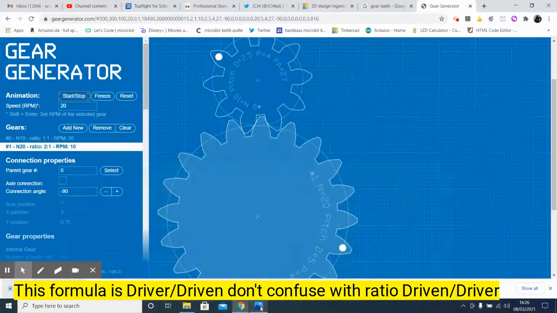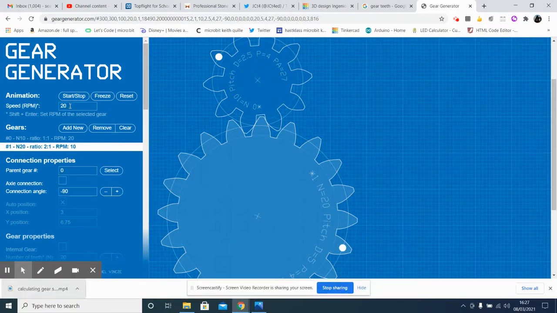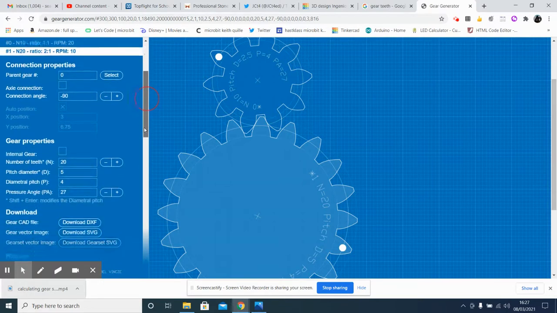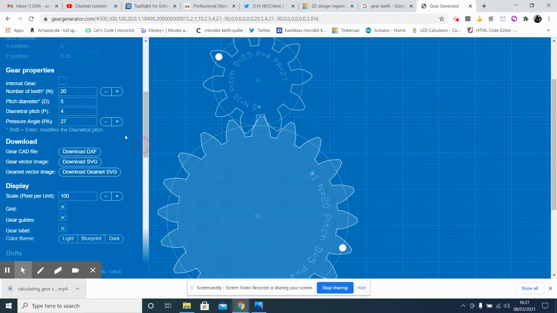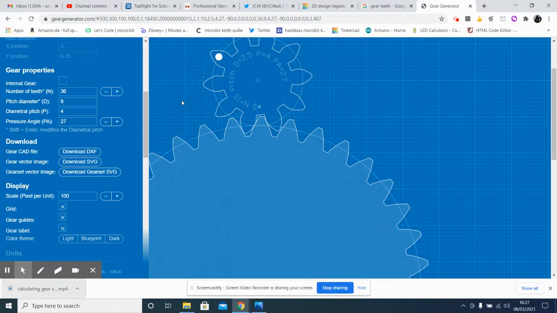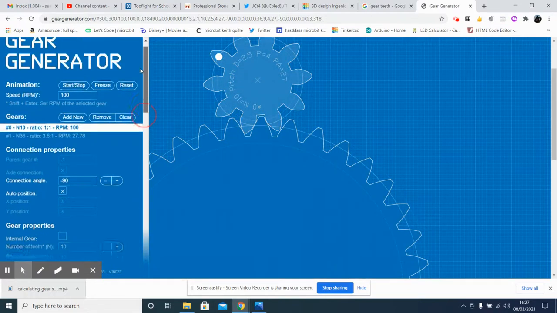Let's have a look at that in our gear generator. So this time it was 100 revs per minute, and our driver gear this time had 36 teeth. It's the wrong one.